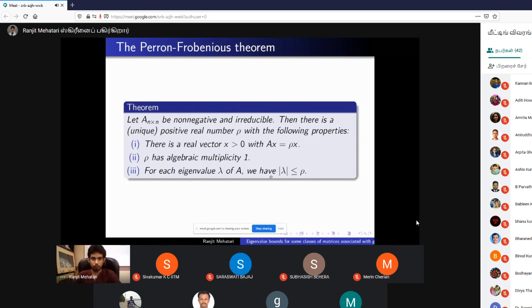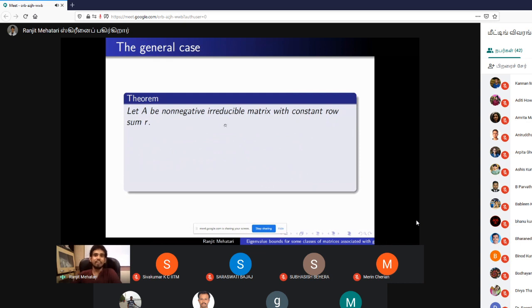Now we use the Perron-Frobenius theorem on our observations. Let A be a non-negative irreducible matrix with constant row sum R. Any square matrix with constant row sum R always has R as an eigenvalue, with the all-ones vector as the corresponding eigenvector, and the all-ones vector is a positive eigenvector.